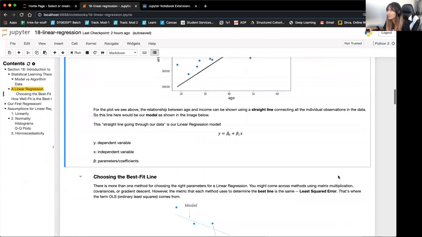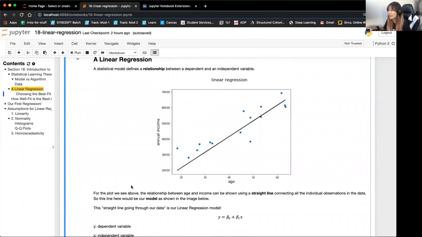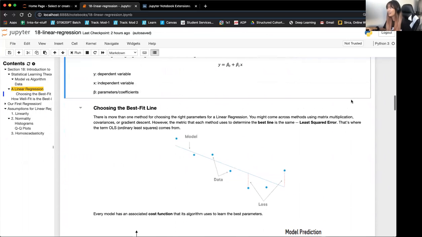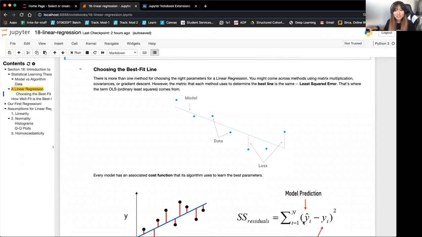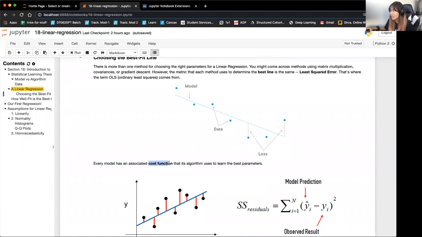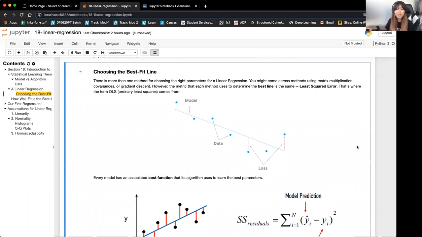All right, so how do we choose the best fit line? How do we know what combination of intercept and slope will fit our data the best way? There is this idea of a cost function. Every model that we're going to talk about throughout this course has an associated cost function that its algorithm uses to learn the best parameters.